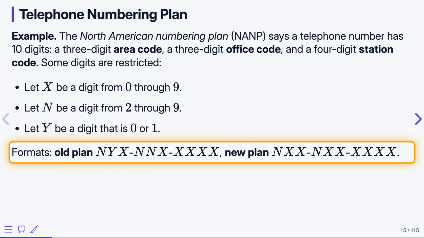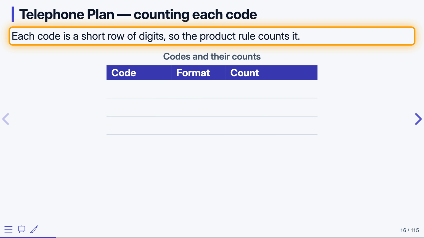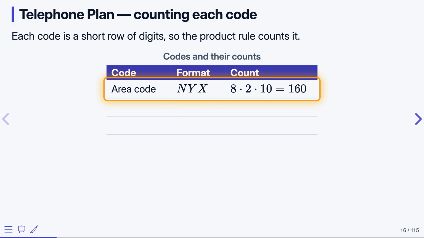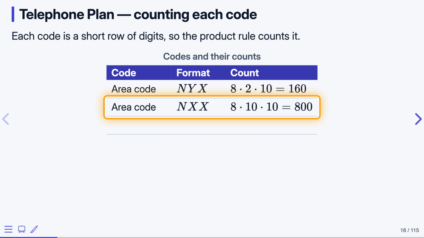On the next slide, we count how many numbers each plan allows. Now we count. We take one code at a time and use the product rule on its digits. Row 1. An area code in the old format is NYX, that is 8 choices, times 2 times 10, 160. Row 2.